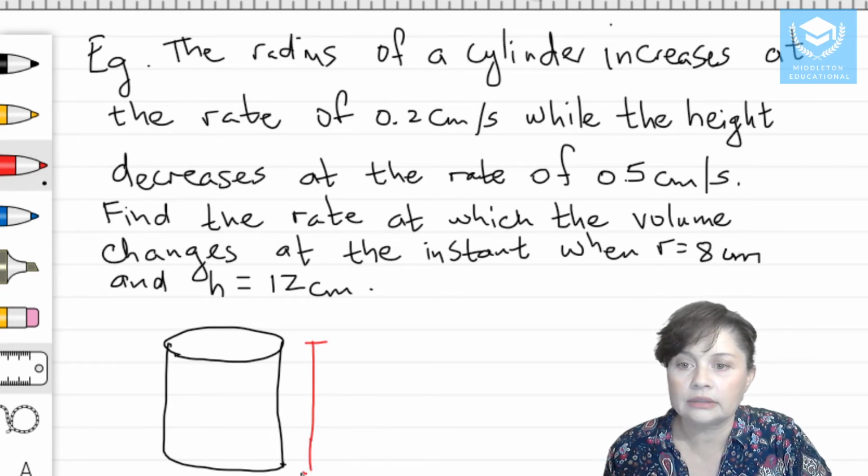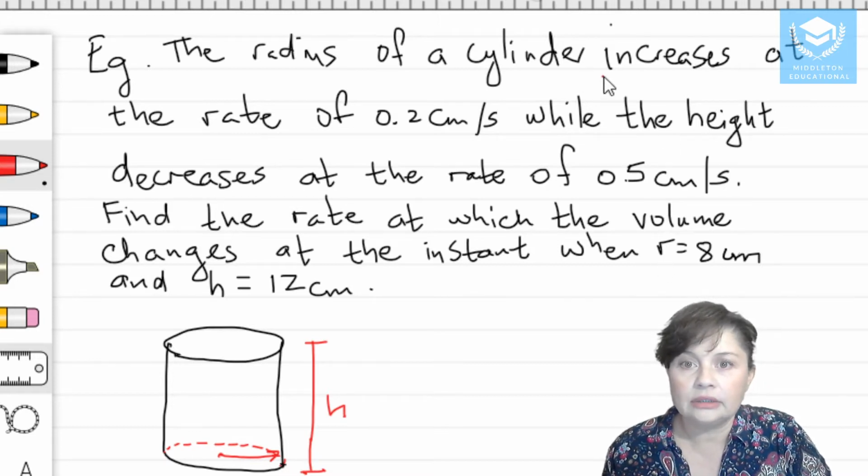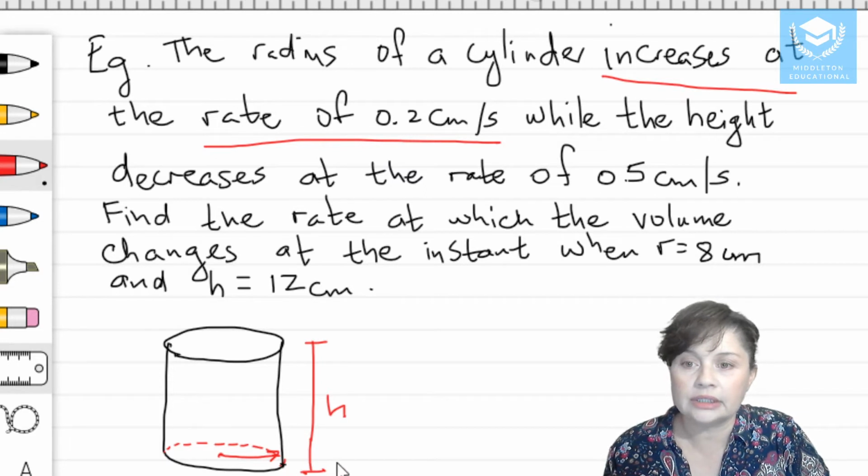We have a height, that would be our h, and we have the radius of the cylinder, which goes from the center to the edge, so that is going to be r. It says the radius increases at the rate of 0.2. So this bottom bit is increasing while your height is busy decreasing.